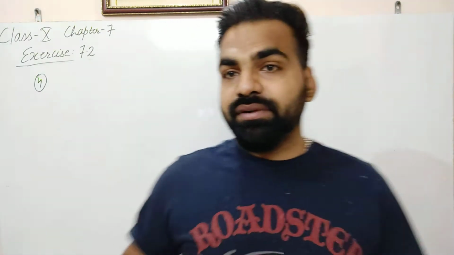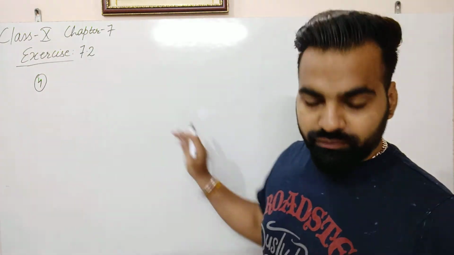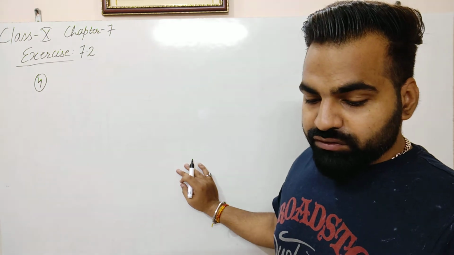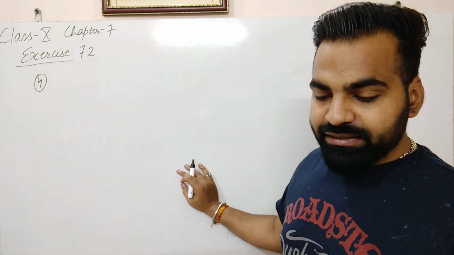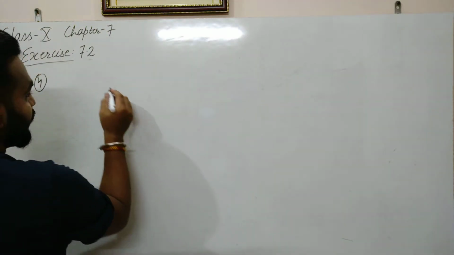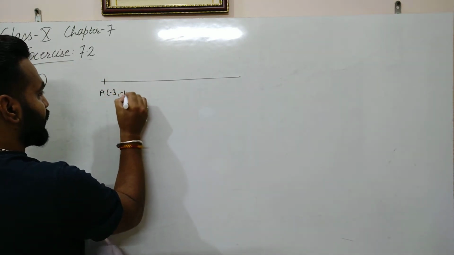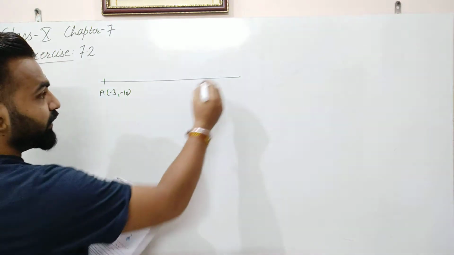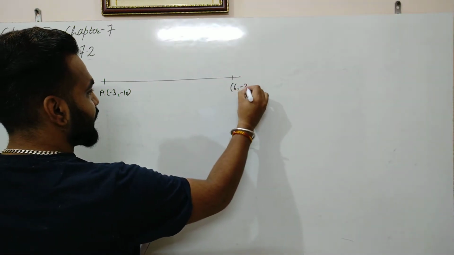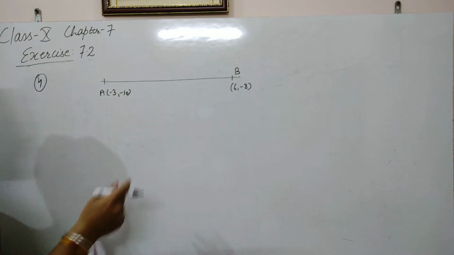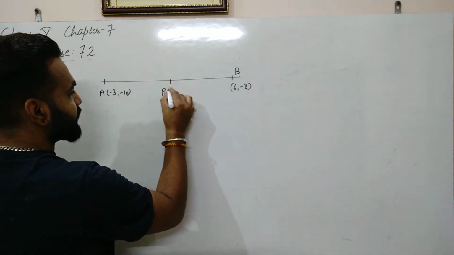Next, first I am taking question number 4 here. I take question number 3 at the end of the video. Clear? So find the ratio in which the line segment joining minus 3 comma 10 and 6 comma minus 8, endpoints are A and B, is divided by minus 1 comma 6.